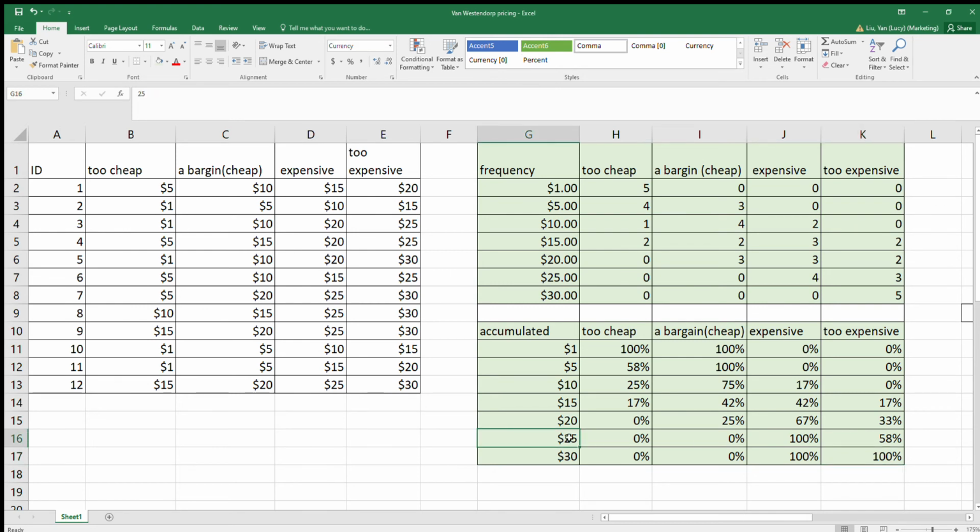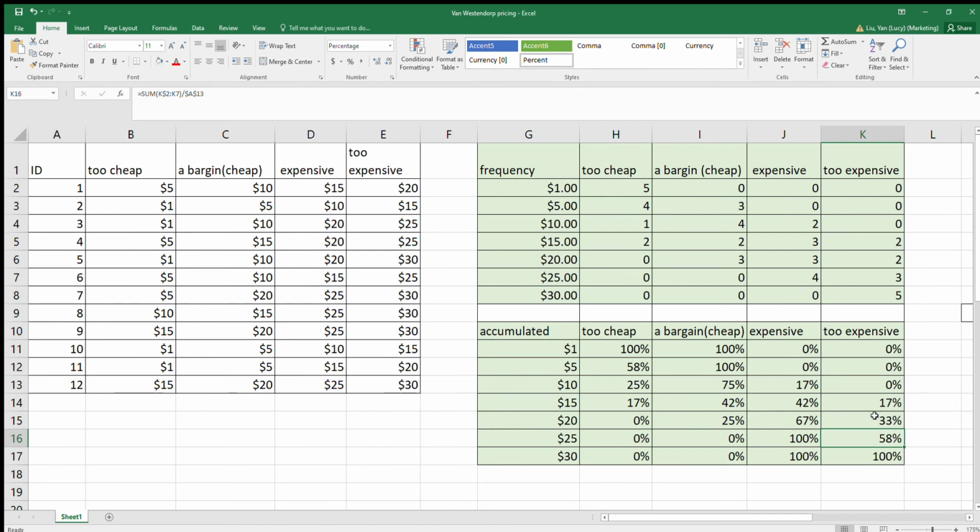Then you do $25. 3 people think $25 is too expensive, but there are 4 more people who think even a number lower than $25 is too expensive. Of course $25 is too expensive, so you have to add them together. That is 7 people out of 12, so that's again 58%.